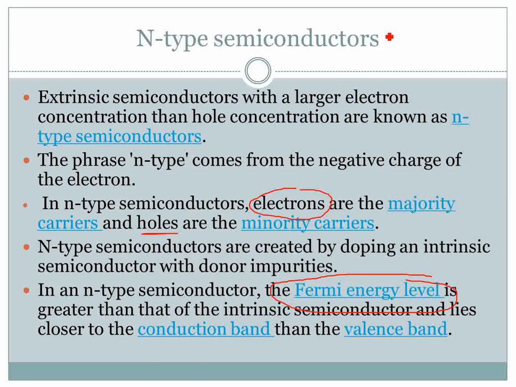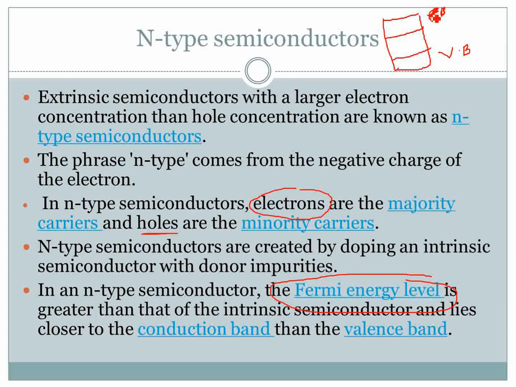If we draw the band diagram, the upper portion is the conduction band and the lower portion is the valence band. The valence band is the energy band formed because of the electrons bonded with the nucleus, whereas the conduction band is the energy band formed because of the free electrons.